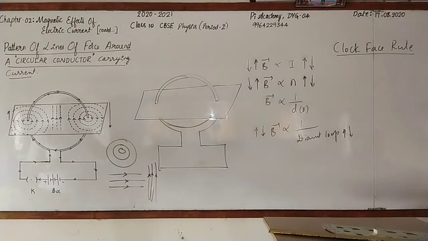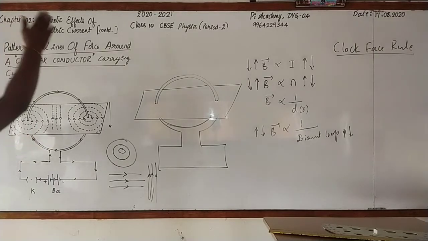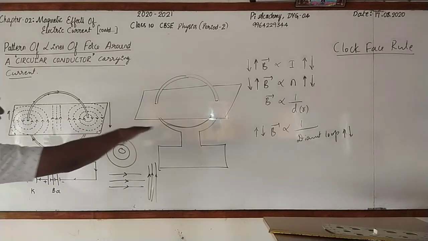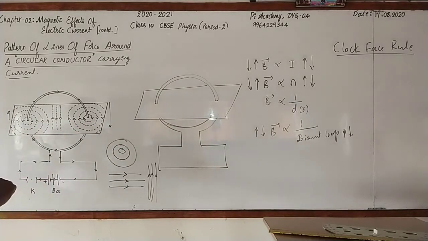In this, you have to imagine you are standing in front of the board, and this is the circular conductor carrying current. You just observe the direction of current, how the current is flowing. It starts from here. See that? From my left hand side. From my left, here first right, then circle, that is clockwise, then towards my right.